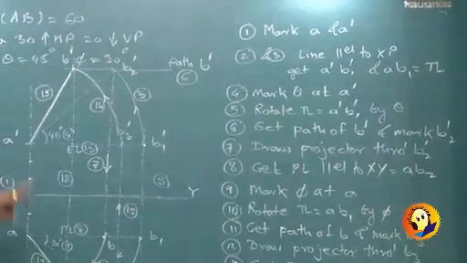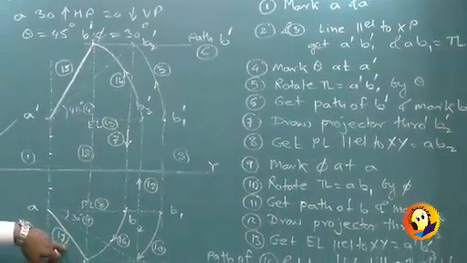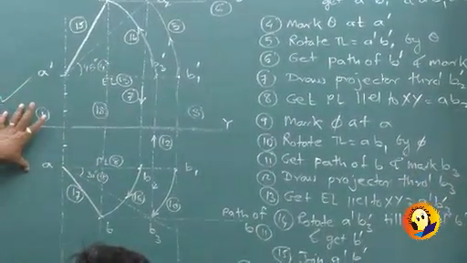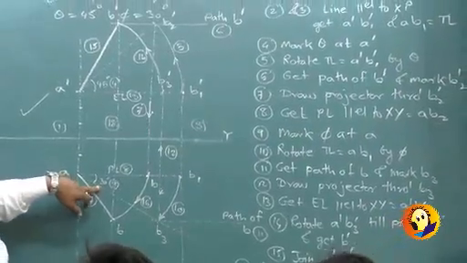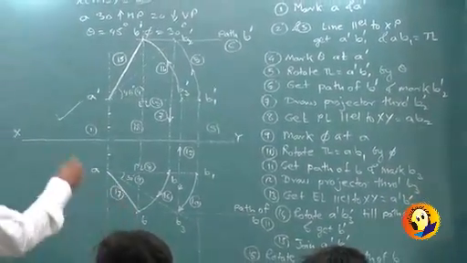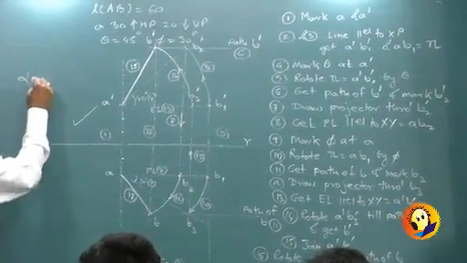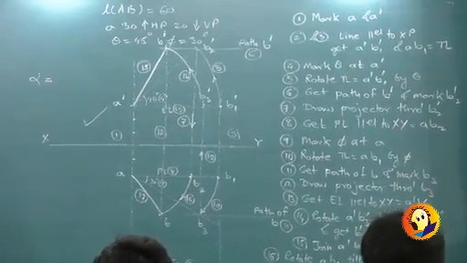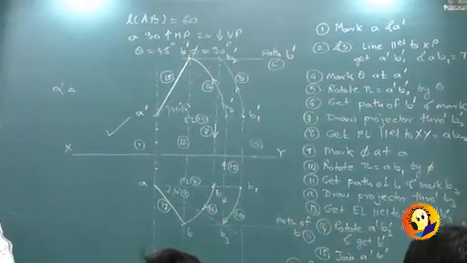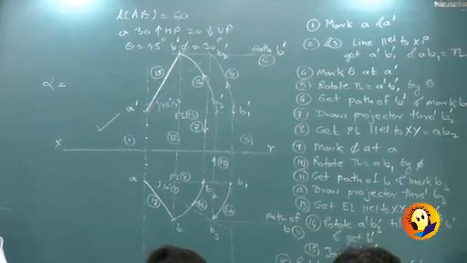Everyone through? Only the final projection should be dark. Numbering is not required. Angles should be shown, true angles. Now measure alpha and tell me what is alpha. Angle made by A dash B dash with XY.